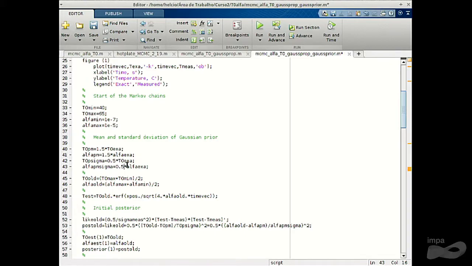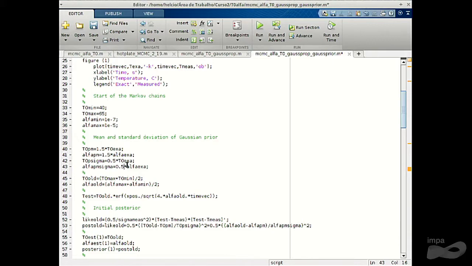So in my prior, I have a completely wrong mean, but I'm accepting that I don't have great confidence in that mean value. So I'm prescribing a Gaussian prior with a very large standard deviation.